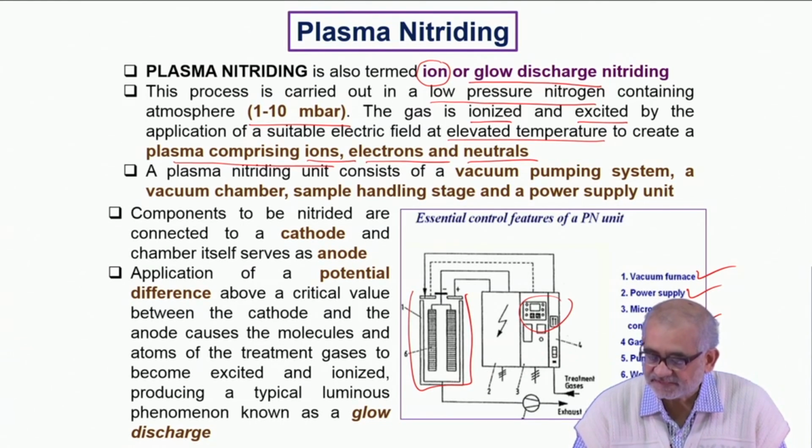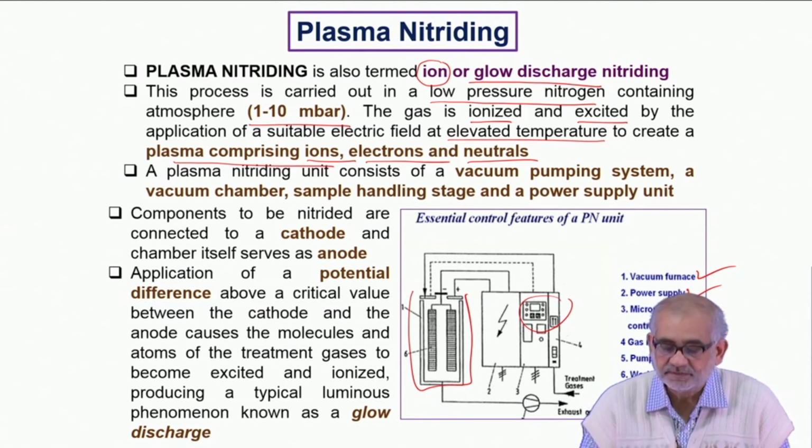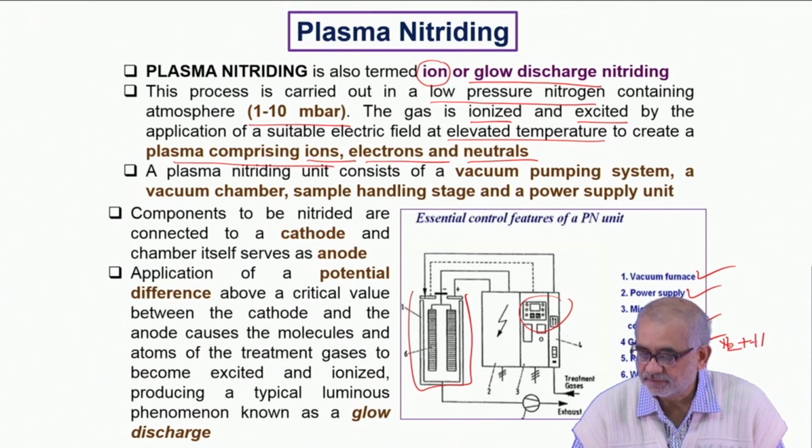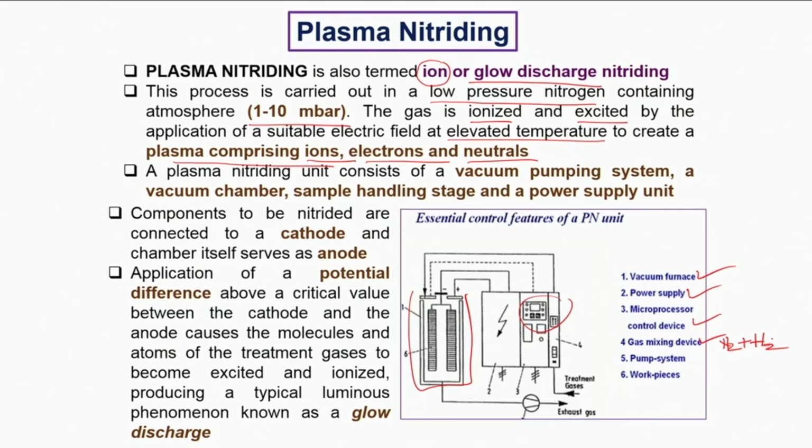We require a gas mixing device. Usually the gas that we feed in is not pure nitrogen, it is always nitrogen plus hydrogen, in a definite proportion. We need a pumping device so that we first evacuate and then open the valve and backfill. And finally, this is the workpiece.